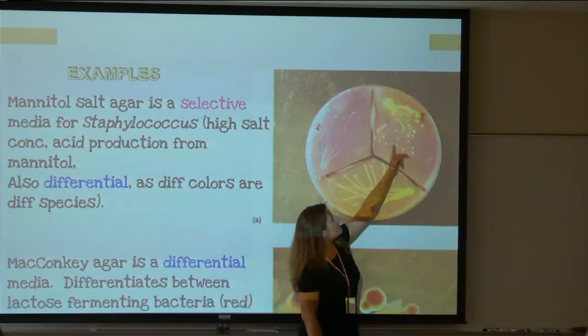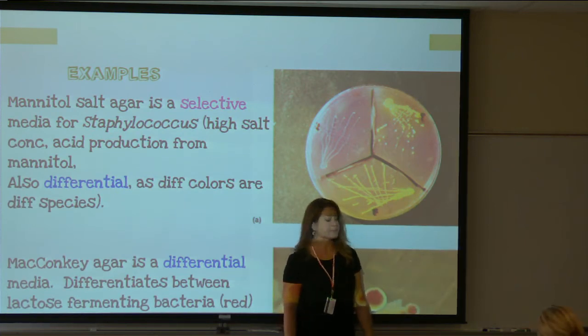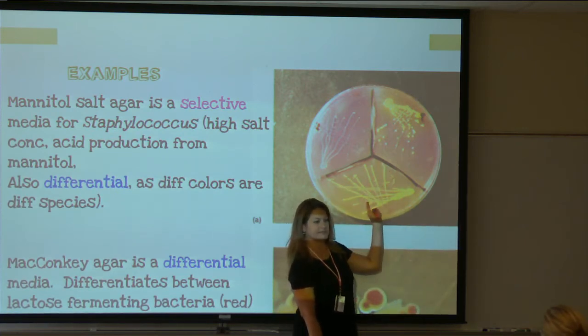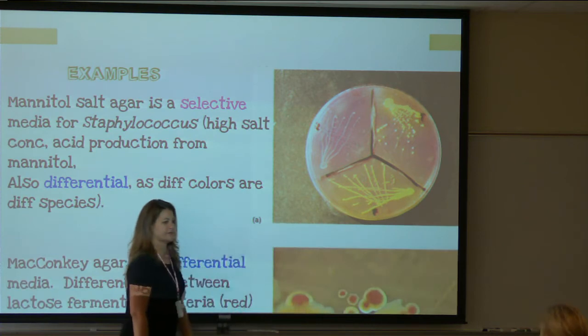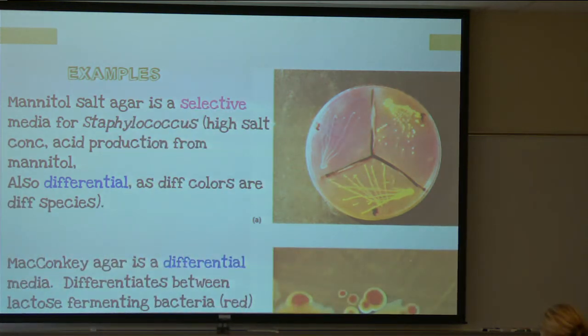If it grows yellow and it's kind of pinkish in the background, that's Staphylococcus warneri. Differential for different species, selective for staph. Awesome, awesome example. You should be able to explain to someone else, explain to me, why this media is selective and differential. What about it is selective and differential?